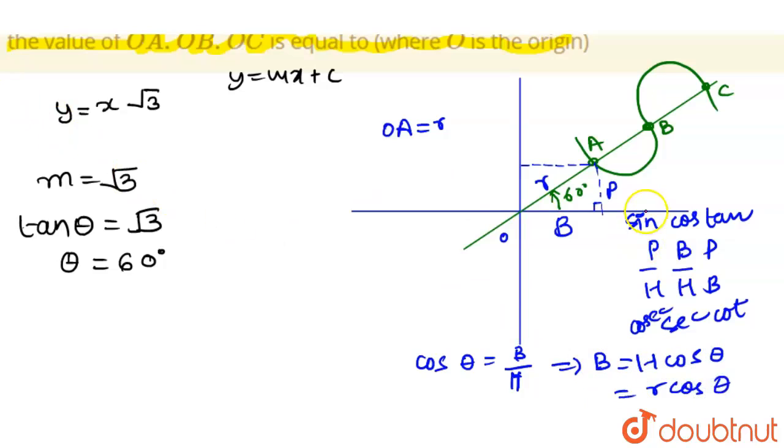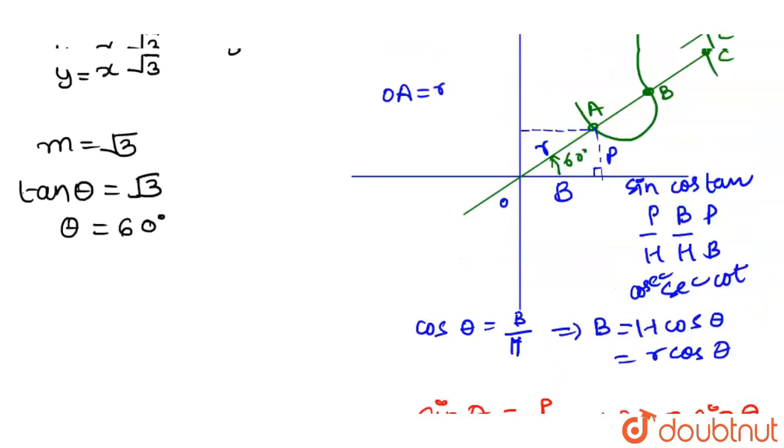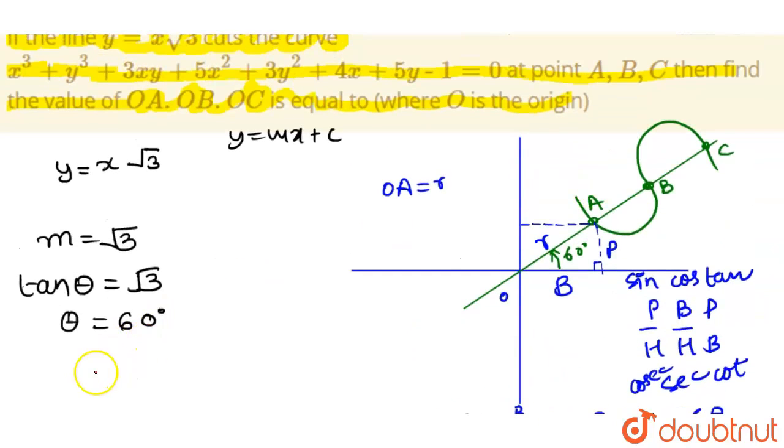Similarly, for the vertical distance, we have to find a trigonometric ratio that has the relation between hypotenuse and P. We can see that sine has the relation P upon H. We write sine theta is equal to P upon H. We have to find P, so P is H sine theta. H is R, so we will write R sine theta. So the coordinates of A are the horizontal distance, that is R cos theta, comma R sine theta.